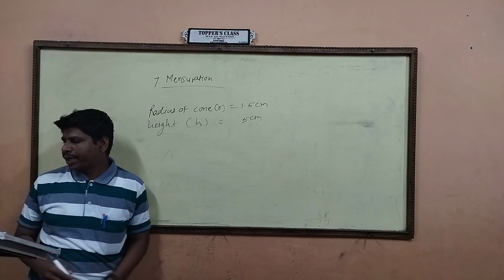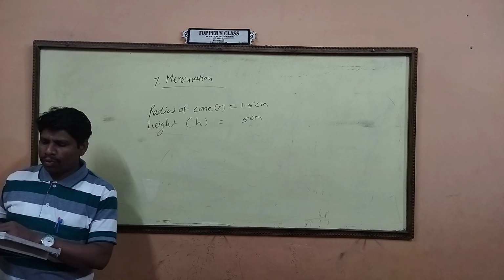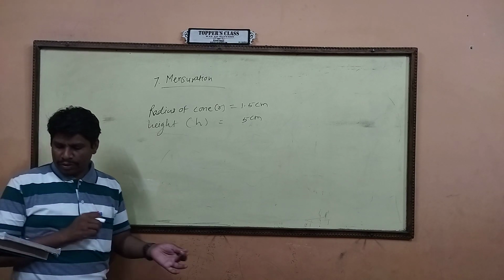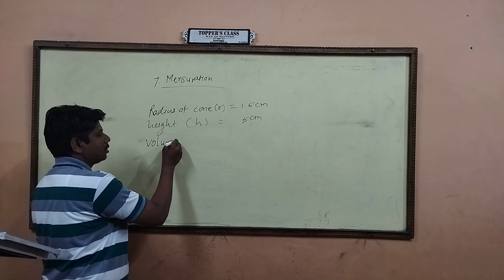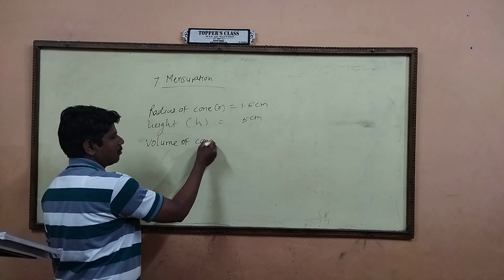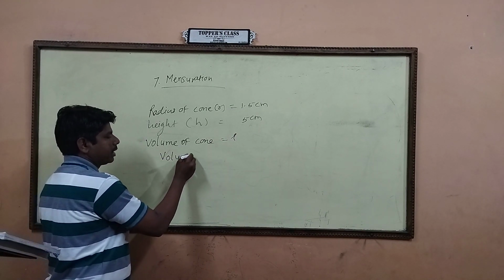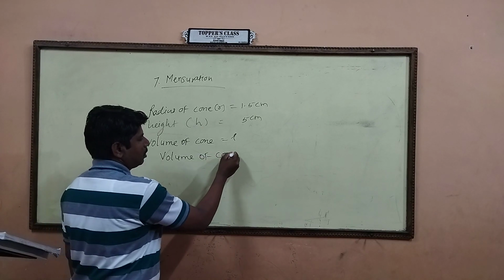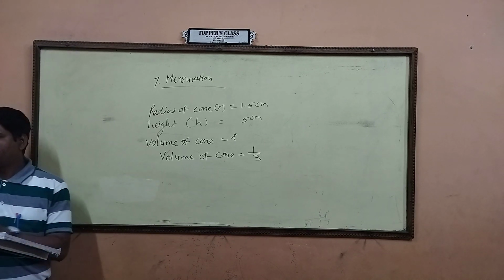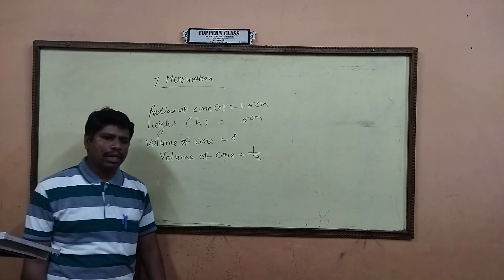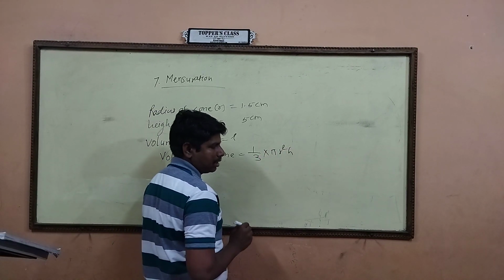And what do we have to find here? We have to find volume. What is the formula for volume? Volume of cone, you should know, is equal to 1/3 pi r square h.